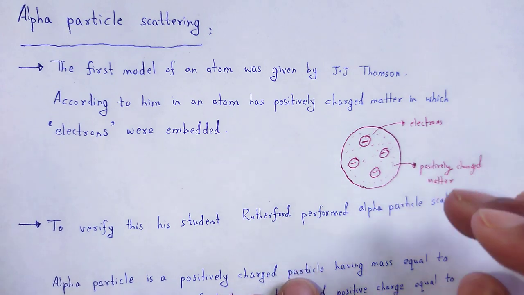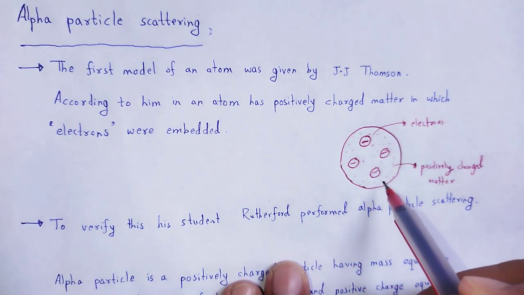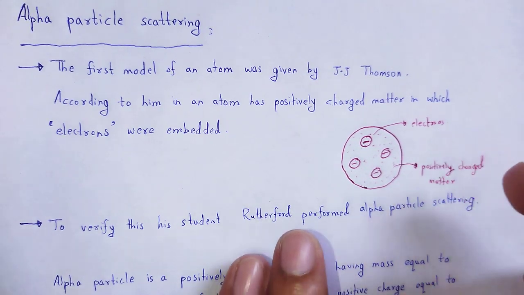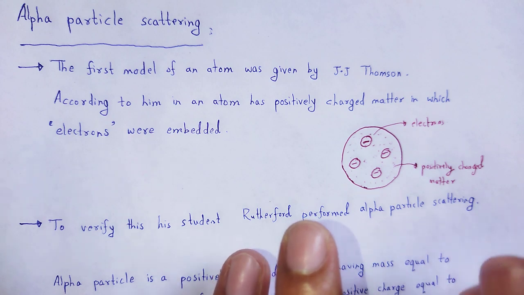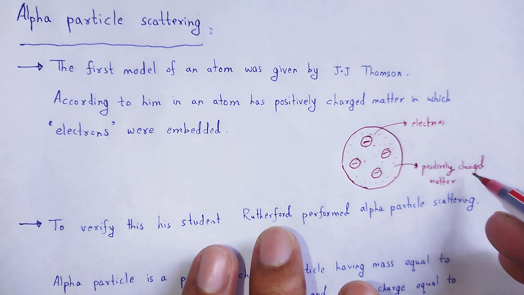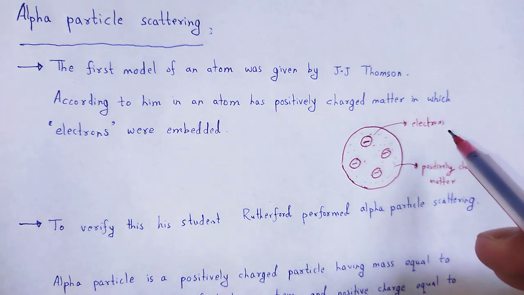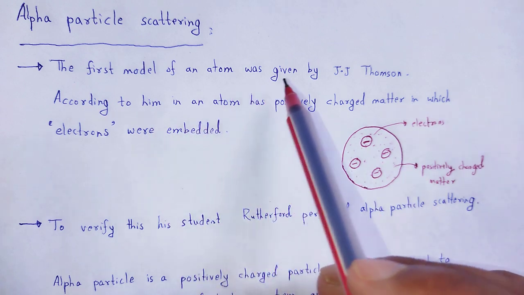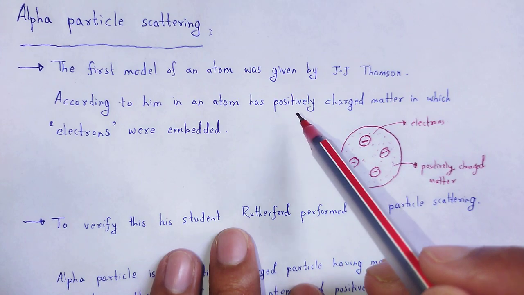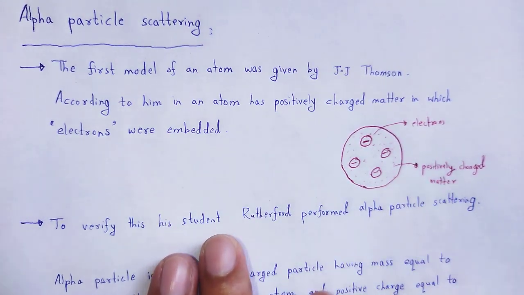You can compare that sphere to a watermelon. In a watermelon, the substance is treated as positively charged matter, whereas the seeds are called electrons. According to J.J. Thomson's atomic model, an atom is positively charged matter in which electrons are embedded.